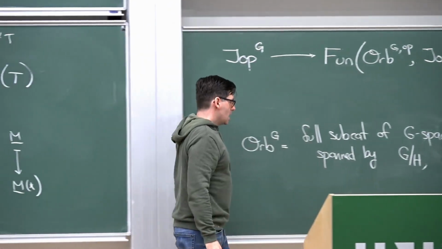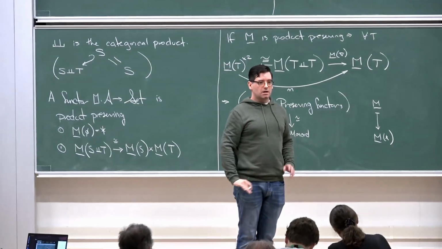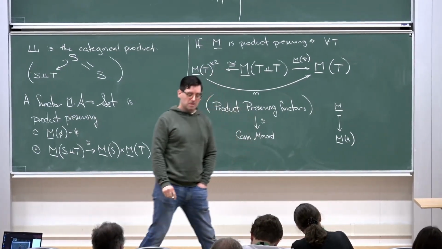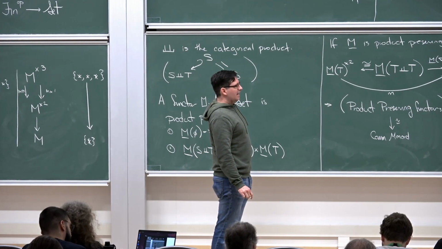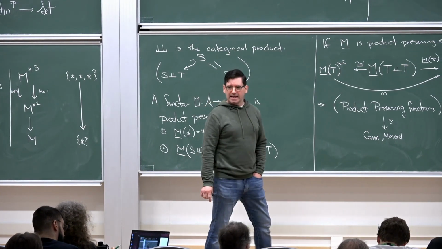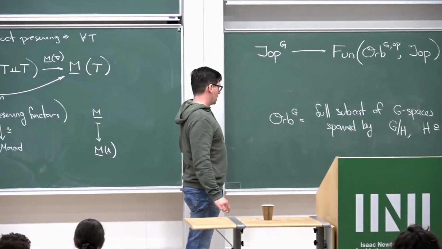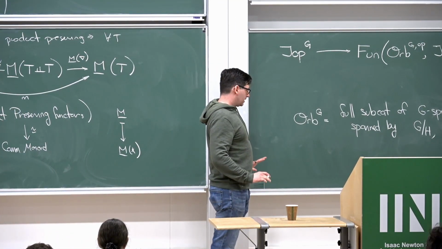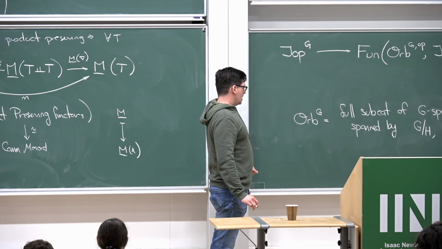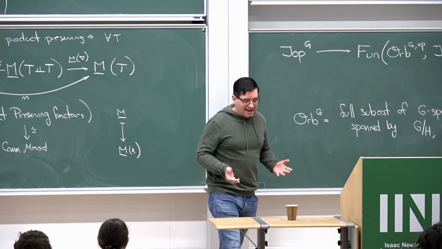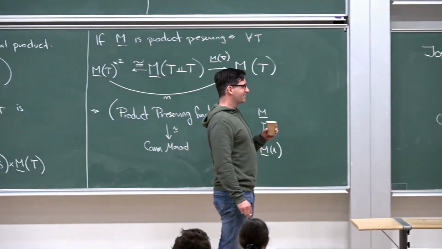I know I'm going to get this question. I'm actually today only going to be talking about finite groups. A lot of this I don't know how to do in the compact Lie case, and I'd love to understand exactly how to make it work. And it turns out there are groups that are neither finite nor compact Lie, like Z, and I don't accept them.